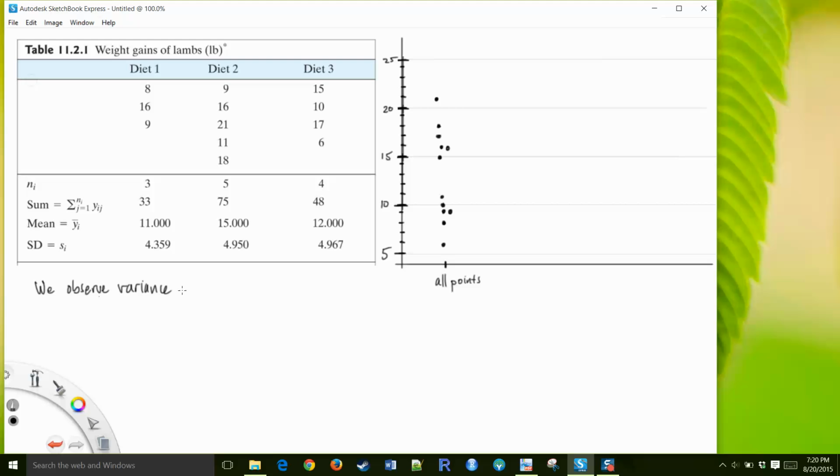did they gain different amounts of weight simply because all lambs are different, and even if you gave them the same food, they would have gained different amounts of weight? Because we know in life everything's a little bit different, so would they have shown this much variation, or can the variation be partially explained because the diets were different?